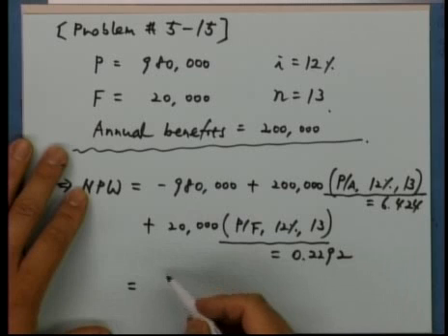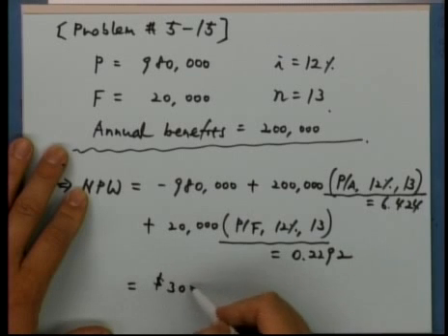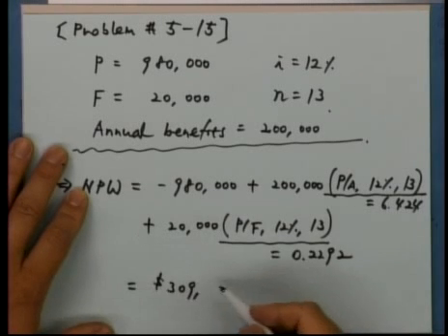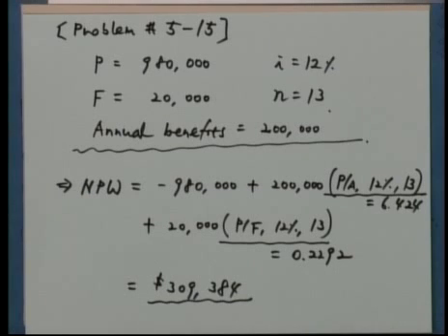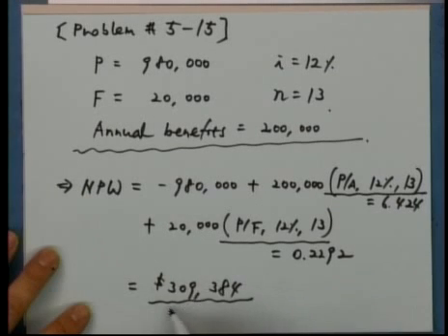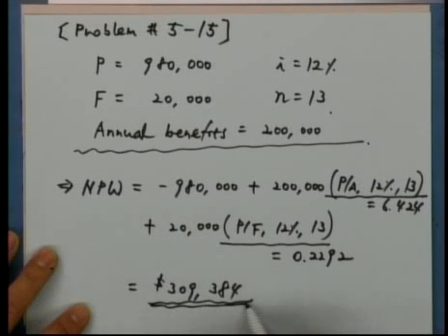So this is $309,384. So the net present worth is a positive value. So I recommend to purchase the machine, right?